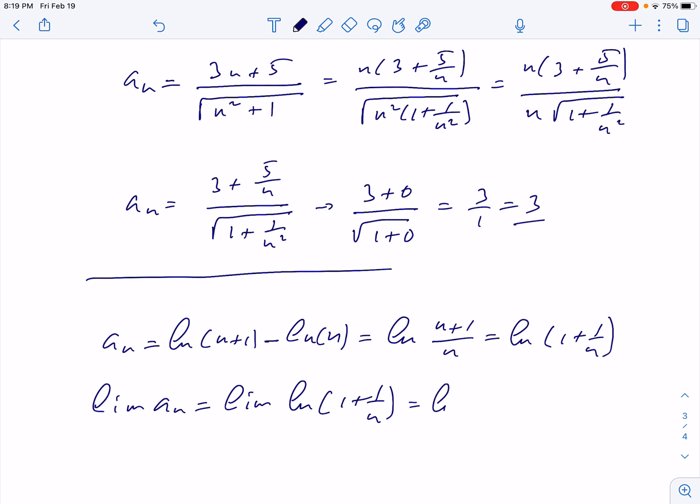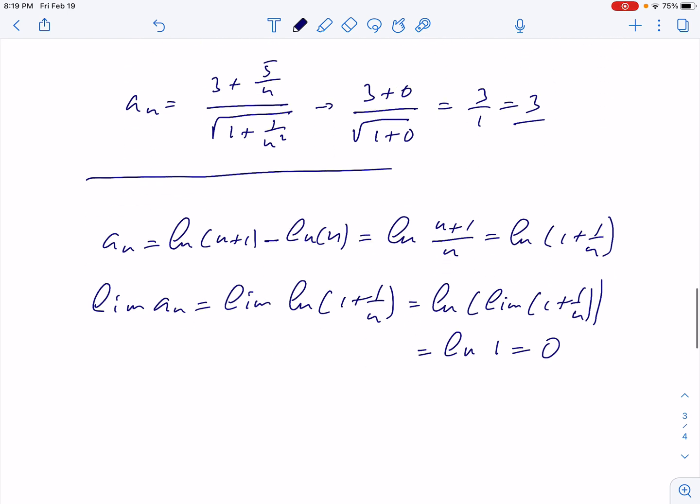This will be natural log of limit 1 plus 1/n, and limit 1 plus 1/n is 1, because 1/n approaches 0, so the result is natural log of 1, which is 0. Okay? The difference of these two infinities happens to be 0.